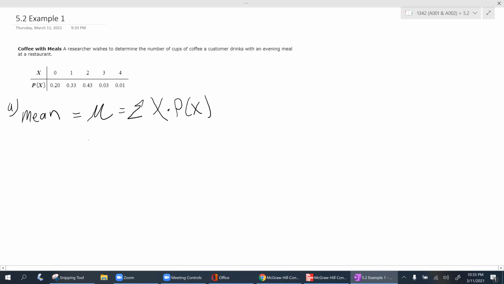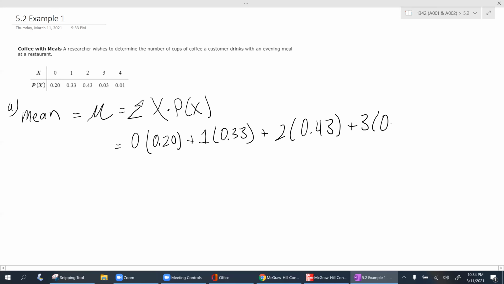To find the mean of this probability distribution table, I'm going to get the x value, which is 0, and multiply with this probability value, which is 0.20, plus the other x value, which is 1, multiplied with that probability, which is 0.33. And you go down the entire column. So this is going to be 2 times 0.43 plus 3 times 0.03 plus 4 times 0.01.